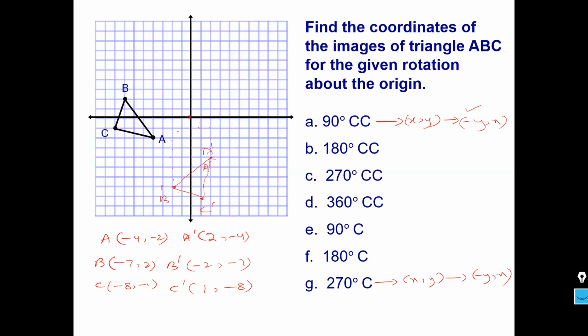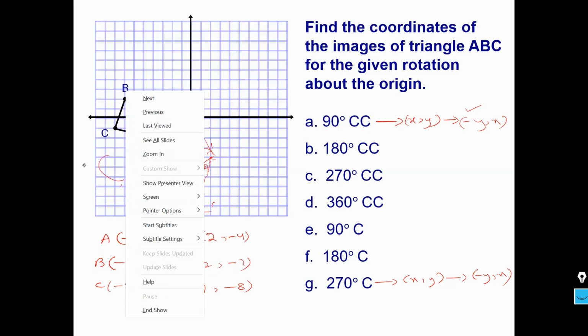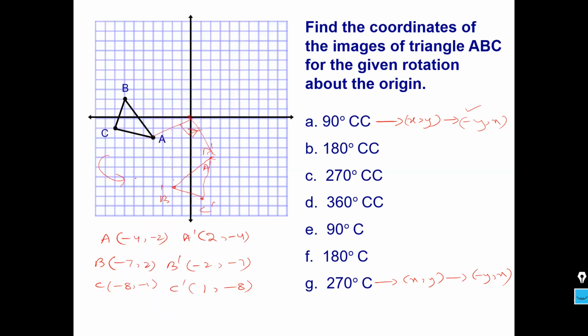From the origin, if we make the angle of A and A dash, these are making 90 degrees counterclockwise, right? So it will be here like that. This one is 90-degree counterclockwise. Hope you understood it. And you can apply the same to the other values.